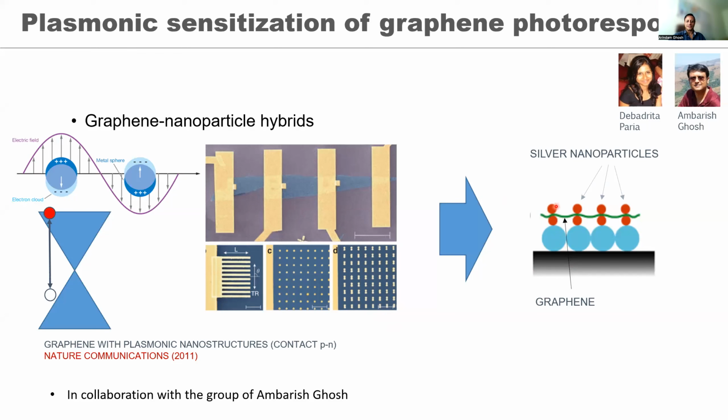So essentially what happens is that silver nanoparticles were used in a dimer fashion, and the graphene layer was arrested between two silver nanoparticles. Typically, the silver nanoparticles are 50 to 60 nanometer.